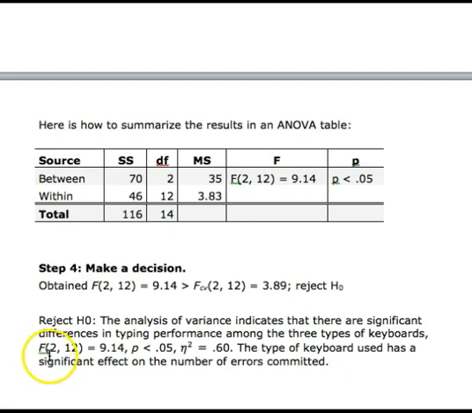So F with 2 and 12 degrees of freedom is equal to 9.14, comma, P less than 0.05, comma, eta squared equal to 0.60, period. The type of keyboard used has a significant effect on the number of errors committed. So there you go. We just did our first hypothesis test.